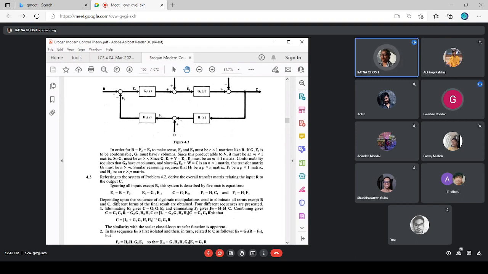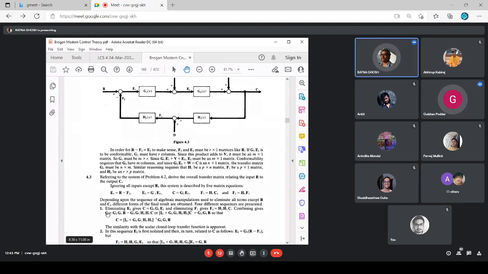Then in F2, if you substitute for F1, you will get H2 H1 times C. For C, you substitute G2 G1 E1 again, and for E1, you again put R minus F2. You already know what it is.